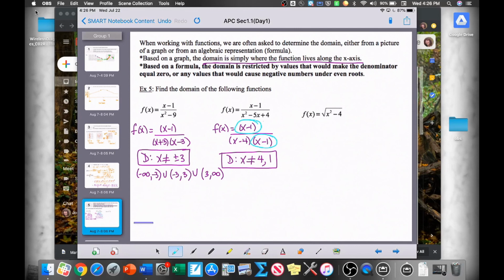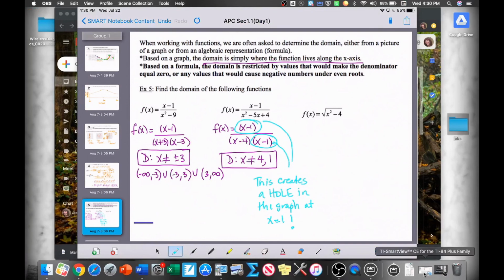And what happens when that happens is this creates a hole in the graph at x equals 1. And if you were to grab your graphing calculator right now and plug this function into it, you could actually zoom in and you could see the hole when x equals 1.